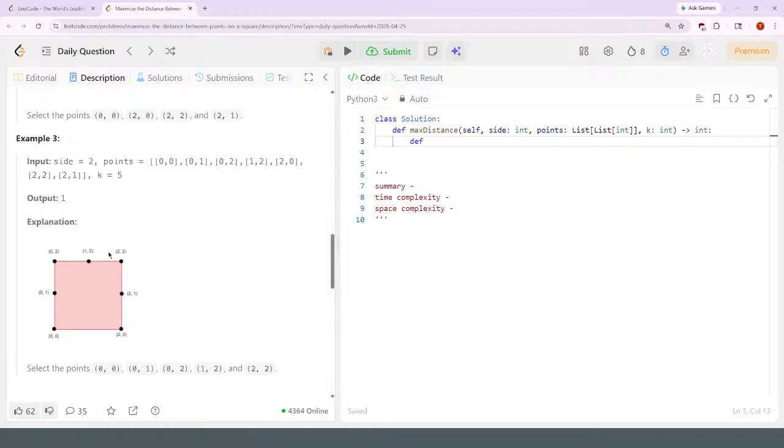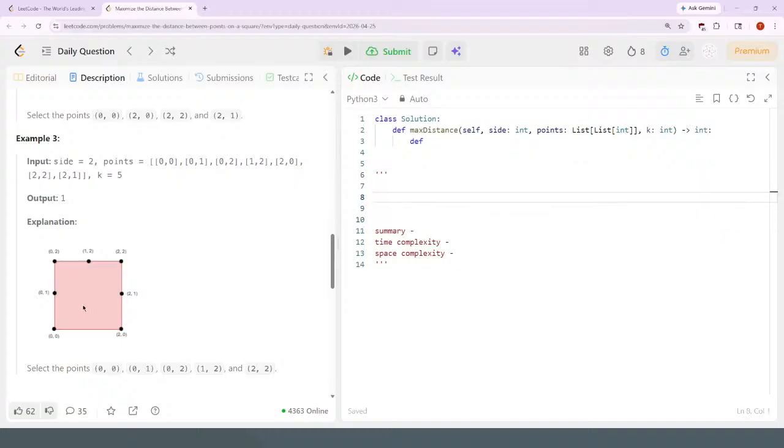So, in theory, say the side length here is 10.